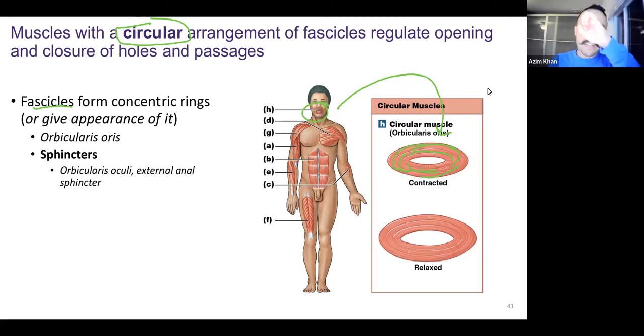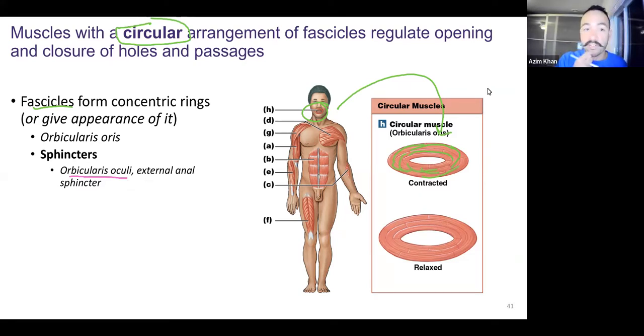When they contract, they close, and so you're regulating the passage of whatever it is, of air, of food, of feces out of your anal sphincter. So examples of circular muscles are sphincters.